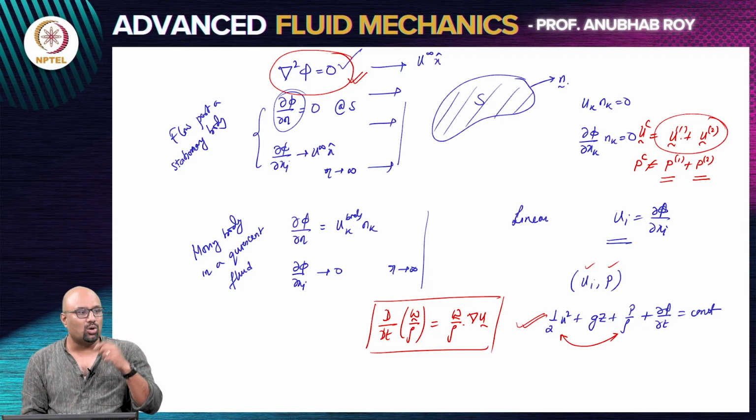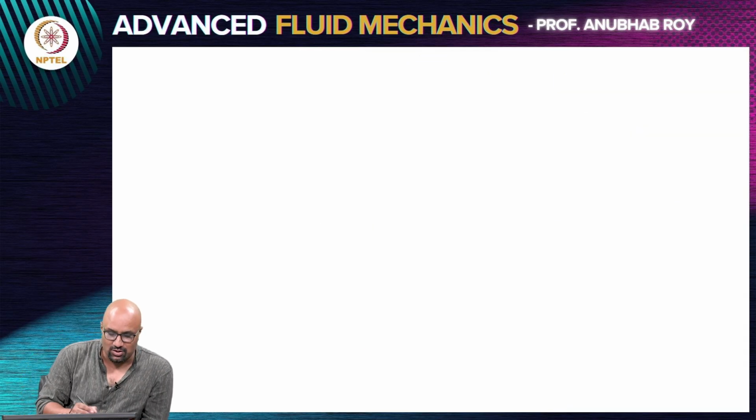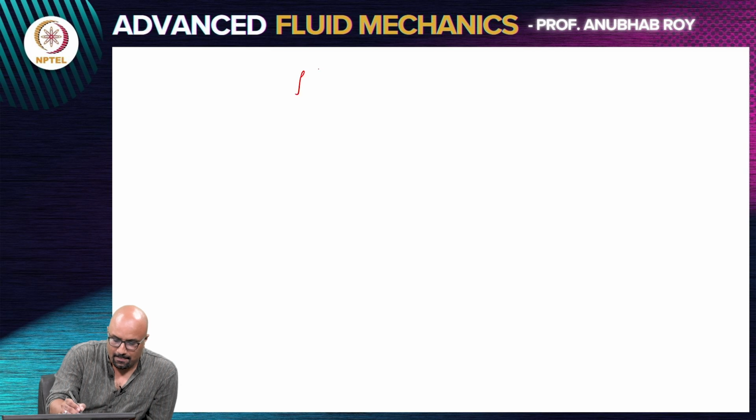And then we will do a course correction to see what viscosity does. The other part which is very interesting here is that if you go back to your Navier-Stokes equation, so we are working with Euler's equation, which is this.